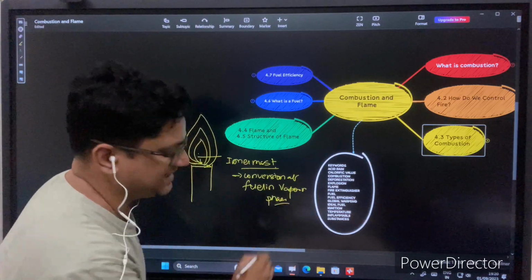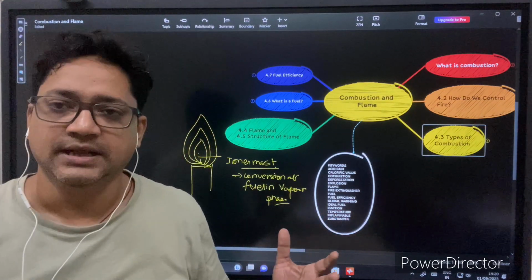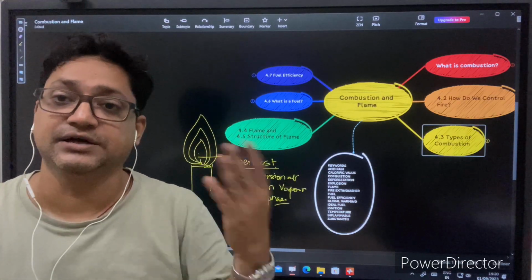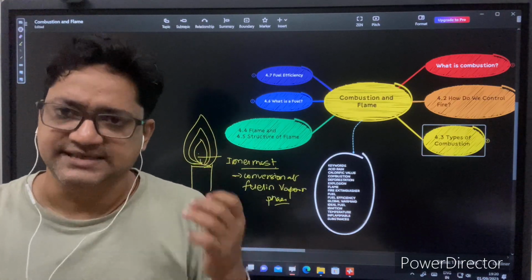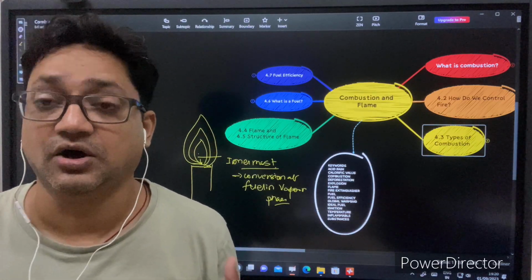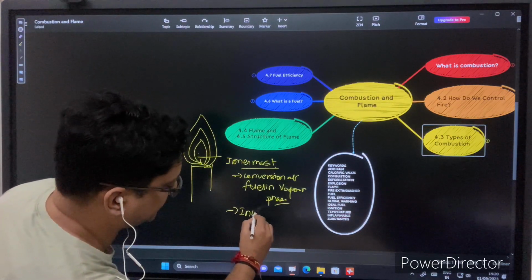It means if wax is working as a fuel, then in the innermost zone the wax is getting liquefied and converted into vapor. The innermost zone does not have a sufficient amount of oxygen, so incomplete combustion will take place.